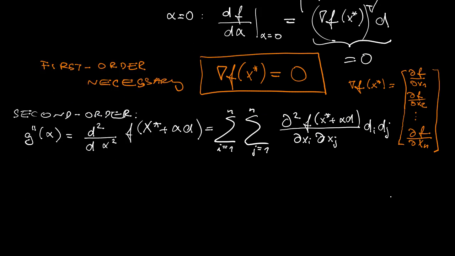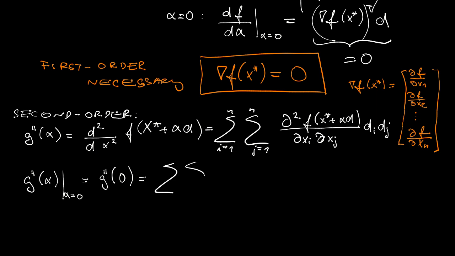Now, what we are interested in is the second derivative of g with respect to alpha evaluated at 0, which I very often write using the common abuse of notation as g double prime at 0.